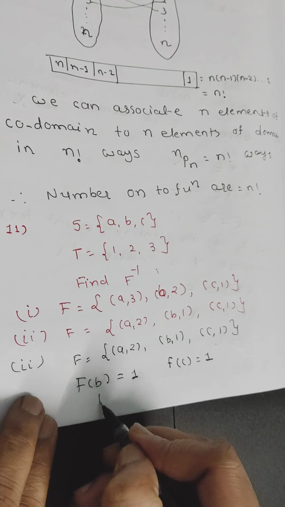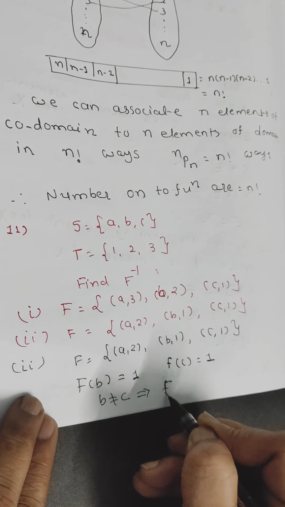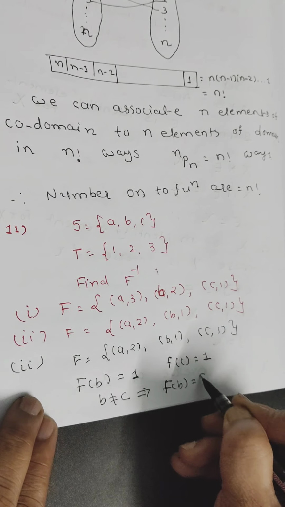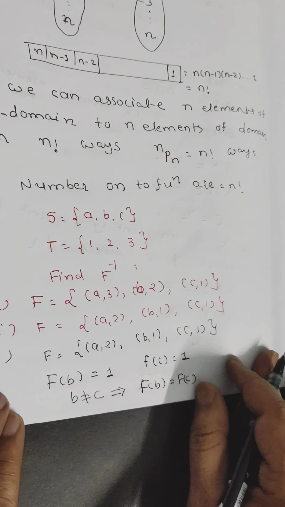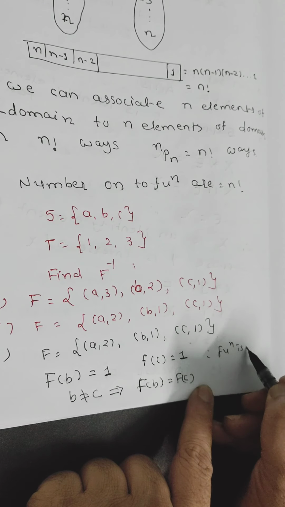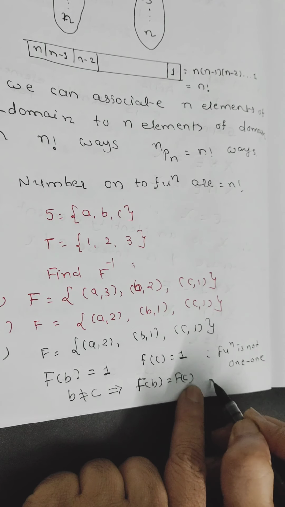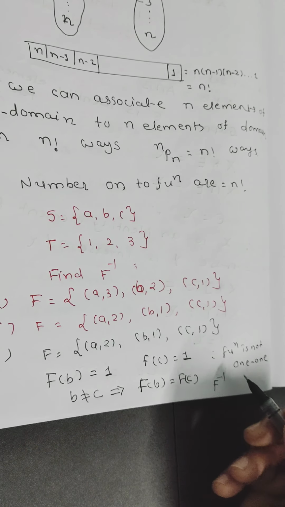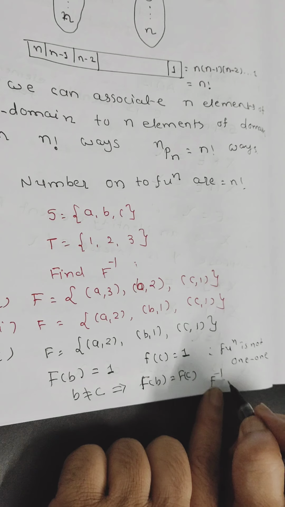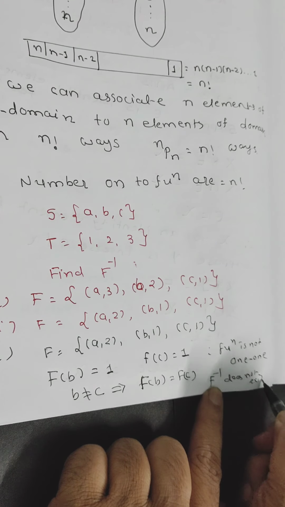So b is not equal to c, even though f of b is equal to f of c. So the function is not 1-1. So f inverse does not exist.